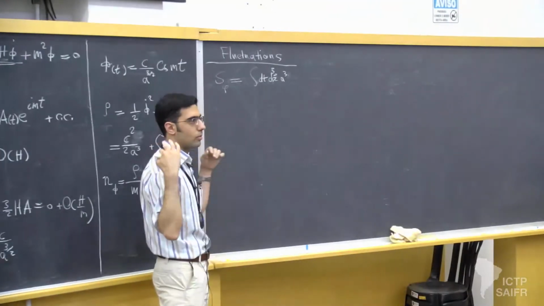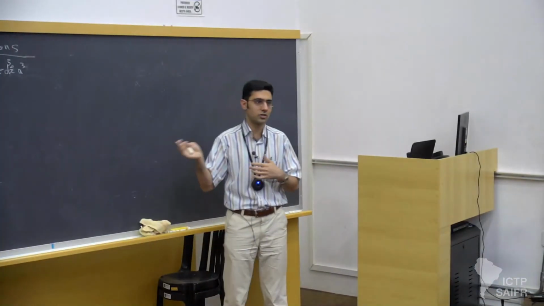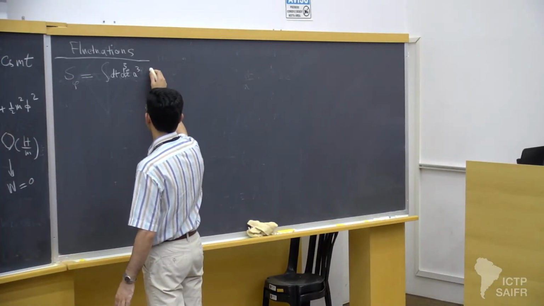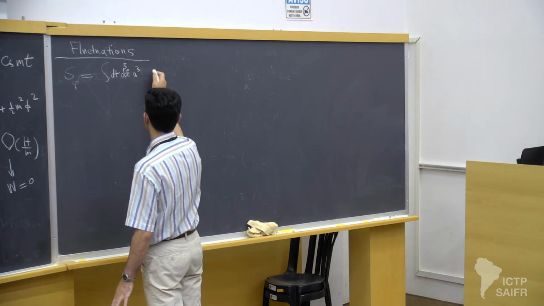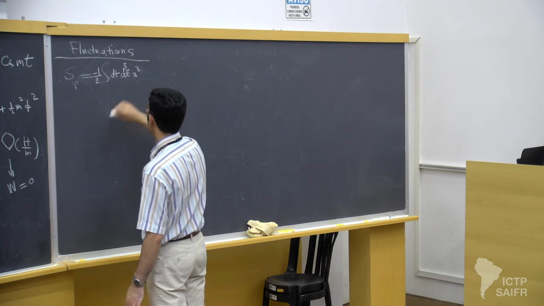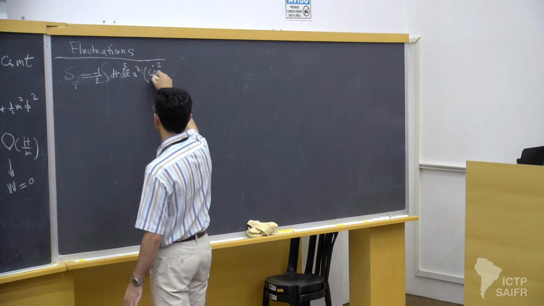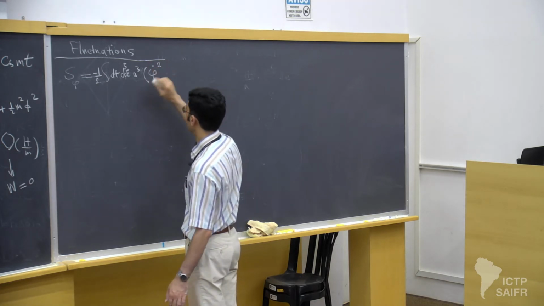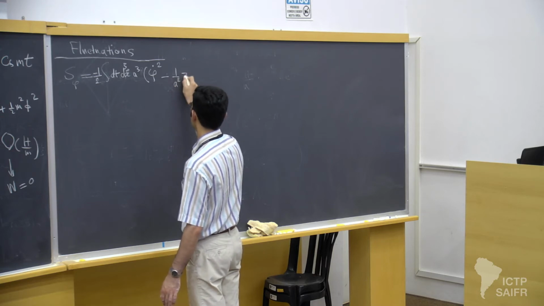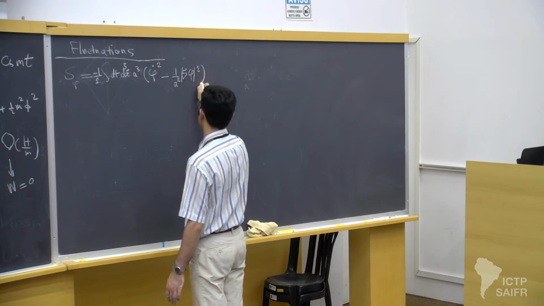If we want to go back and think about the inflaton, this curly phi would be fluctuations of the usual phi. And let us ignore the potential. So I'm just going to consider a massless scalar field in a general FRW. I will have minus 1 over a squared grad phi squared.